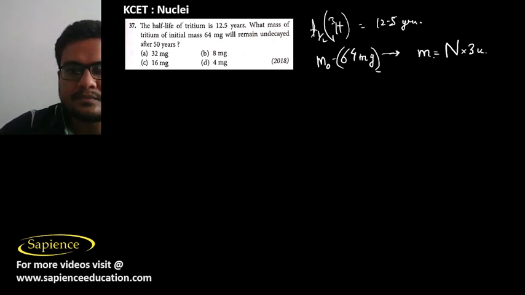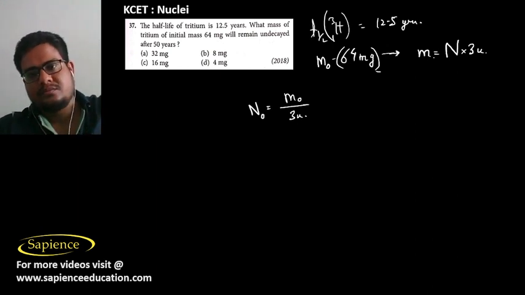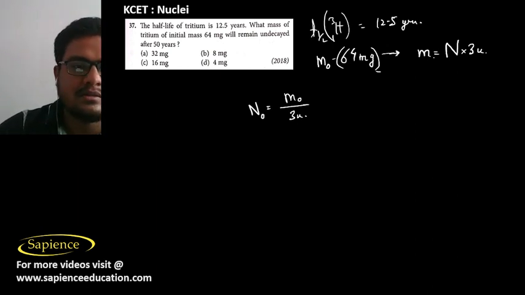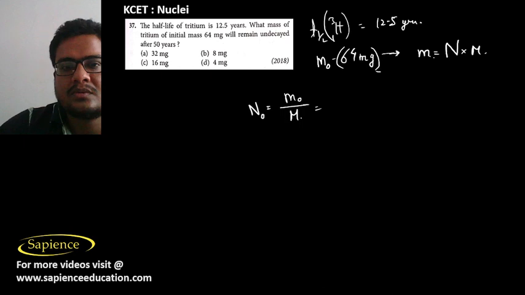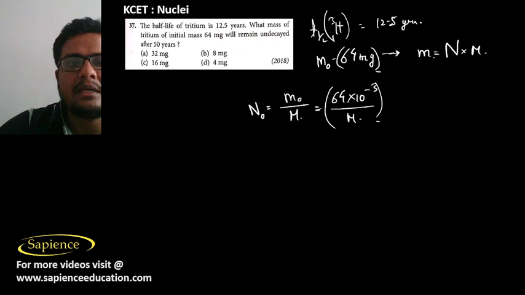You can find the initial number of nuclei as m naught by M, where I take the atomic mass of tritium as capital M. So m naught is 64 milligram, means 64 into 10 power minus 3 gram by M, and M is the atomic mass of tritium in grams.